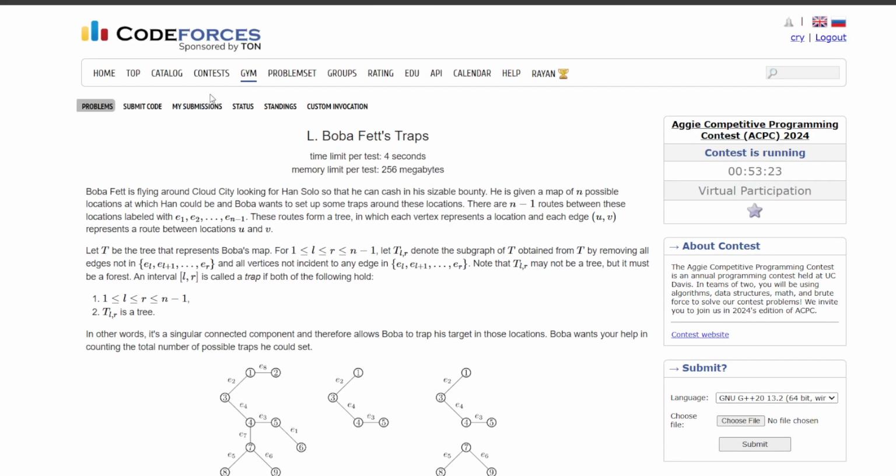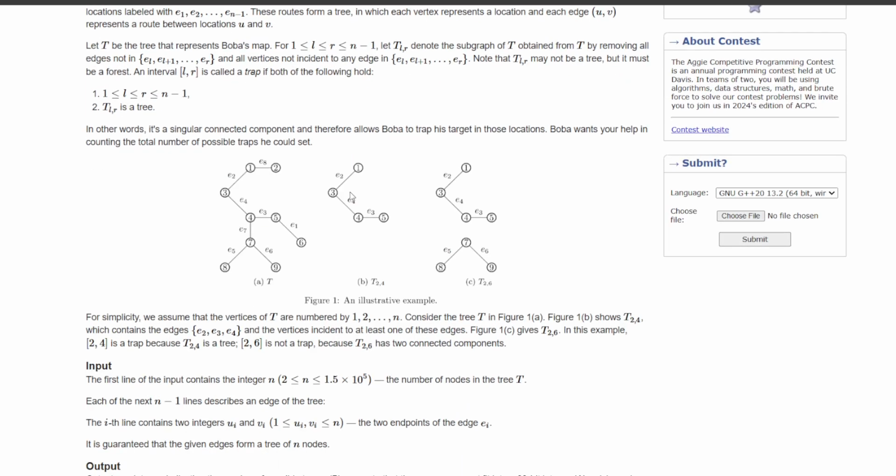If only I knew how to solve L. I'll take a look at L again. Wait, so if it's a tree, then surely it's not like those generic path algorithm things. But what else could it be?